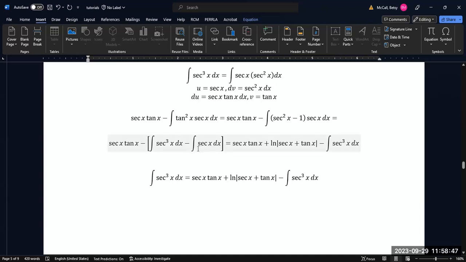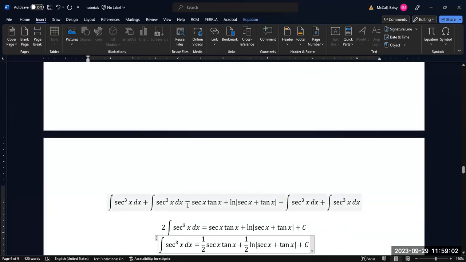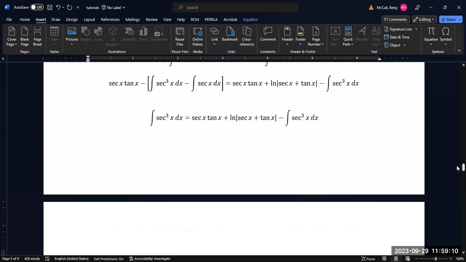You will have to proceed through the rest of the integral to get that secant to the 5th, which is going to pop back out. If you started with secant to the 5th, a secant to the 5th will pop back out again. You can do the same process to combine your original secant to the 5th with the secant to the 5th that comes back from your integration steps, and so you will reduce your integral.